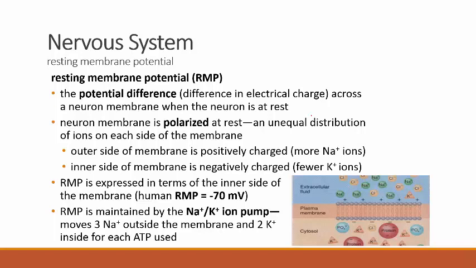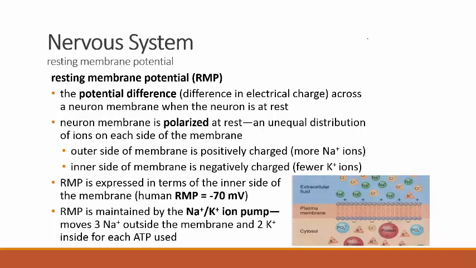Now, I really want to encourage you to spend some time reading what I've given you there about the basic principles of electricity in your notes, so that some of this will also make sense. I'll try to bring in that information as we're talking about the resting membrane potential.